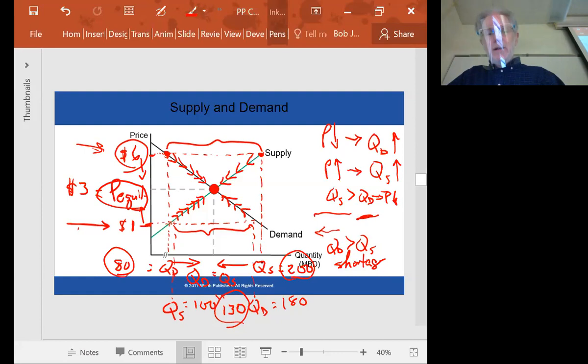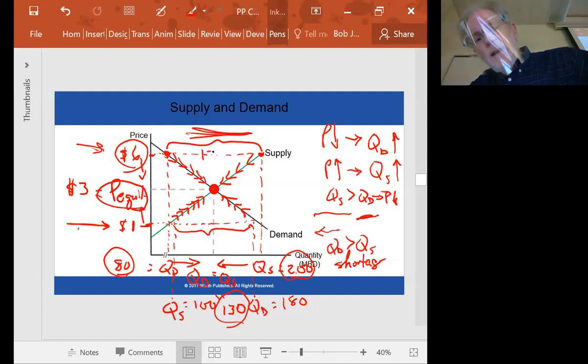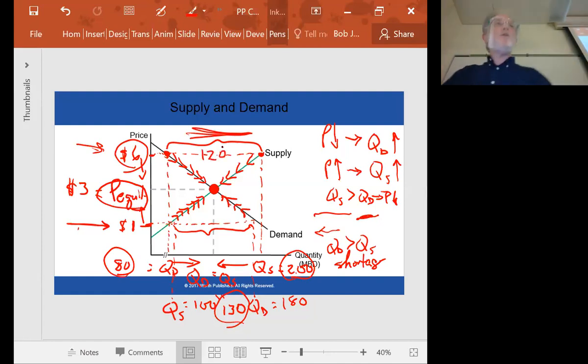You find the quantity supplied, it was 200. The amount of the surplus is the difference between the quantity supplied and the quantity demanded. So that's 200 minus 80, which is 120. This gap there, that's the amount of the surplus, and that is 120 units.